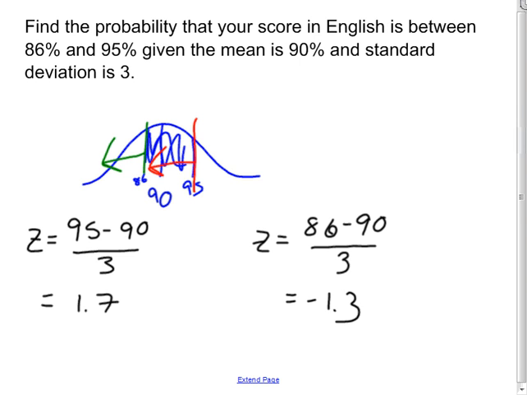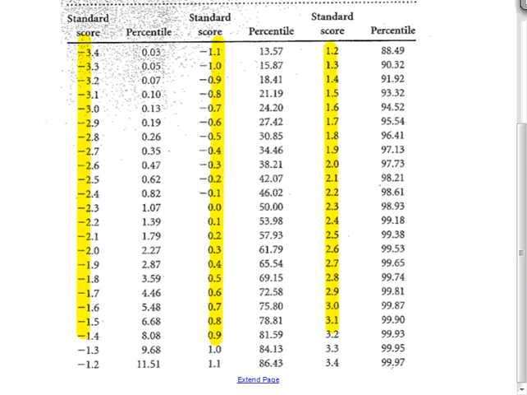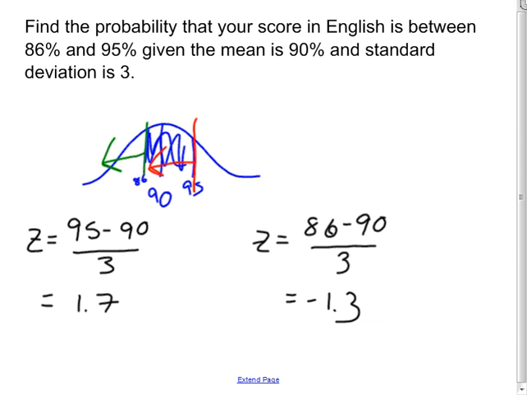So now I have to go to my table and look at 1.7 and negative 1.3. So 1.7 is 95.54, and negative 1.3 is 9.68, from there down for each of them. So let's go back to our problem.